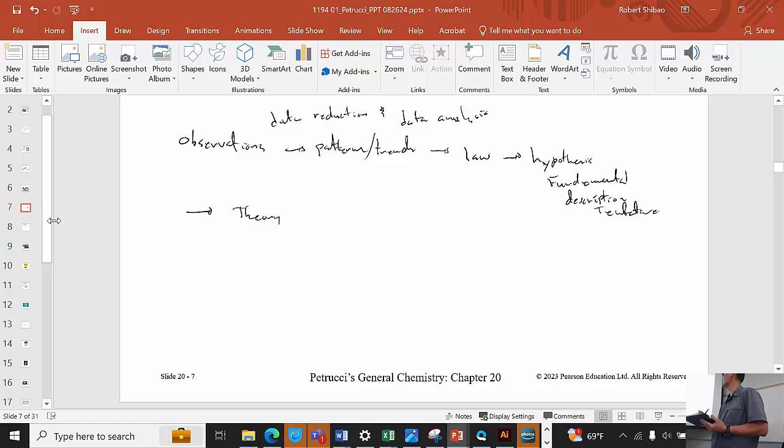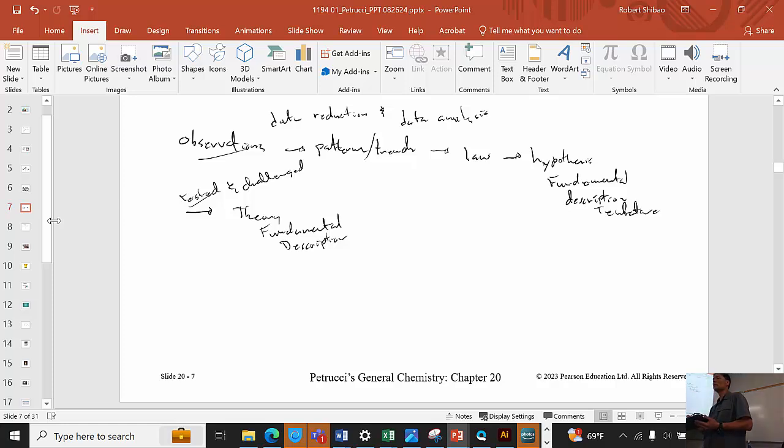So what has to happen is the hypothesis has to be tested and challenged. And then we have a theory, which is also a fundamental description. We test everything with experiments. Experiments are for observations, experiments are for everything, basically.